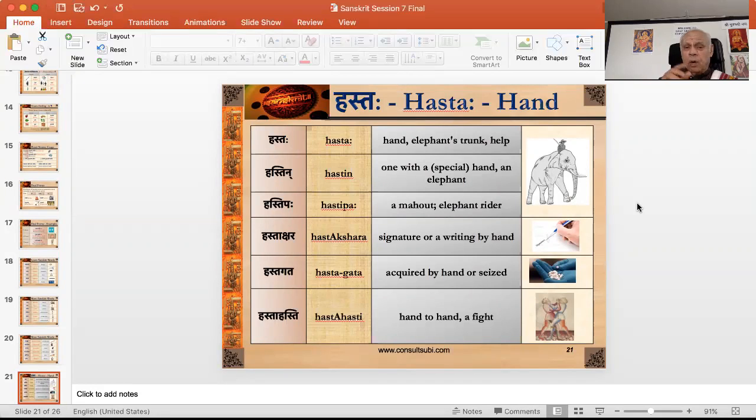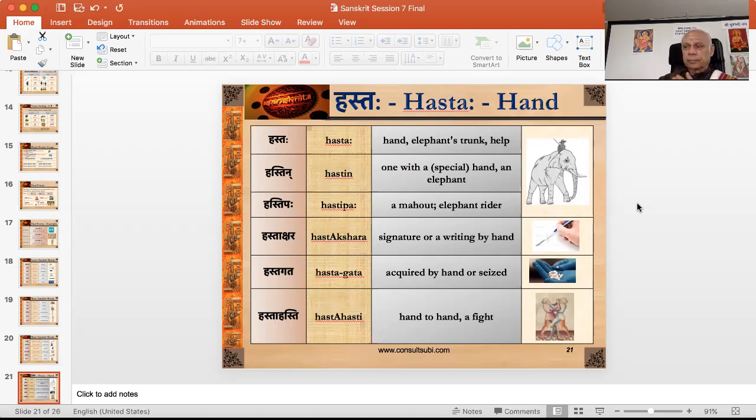Hastakshara, see how it extends. Hasta akshara, a signature or writing by hand, from the word hasta. Now you find in English, hand and signature are two different things altogether. There is no connection. But here, the hand and akshara, the letters, are connected together to bring one new word called hastakshara, which means either a signature or writing by hand.